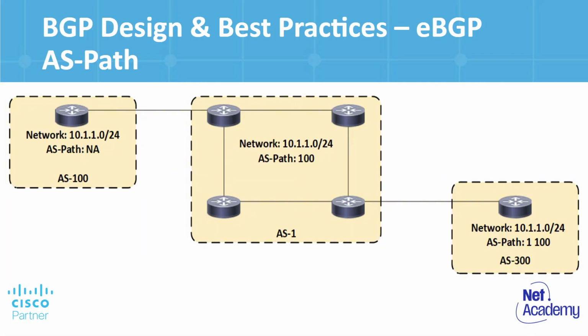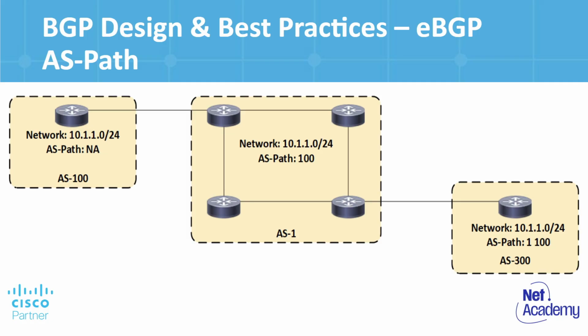However, when that prefix leaves AS100 and arrives in AS1, the AS path attribute is updated, and it's updated for the exiting autonomous system. So you can see that in AS1, when I look at network 10.1.1.0/24, I now have an AS path of 100.